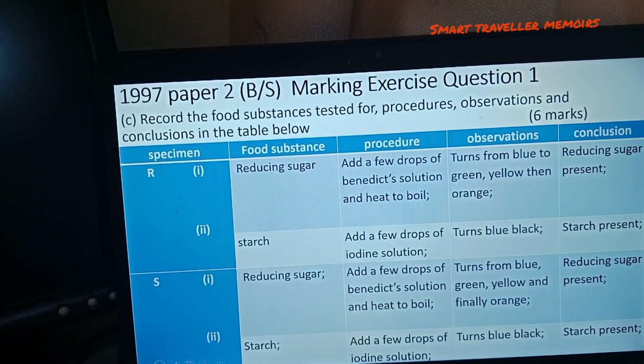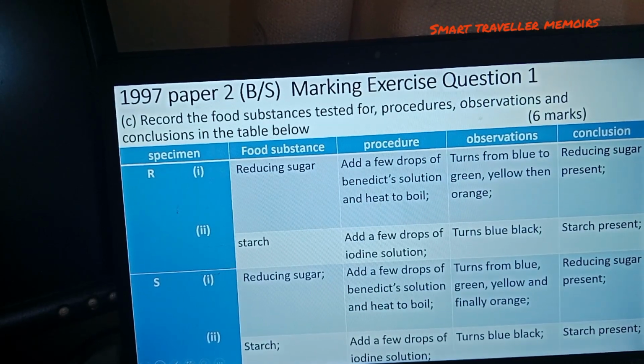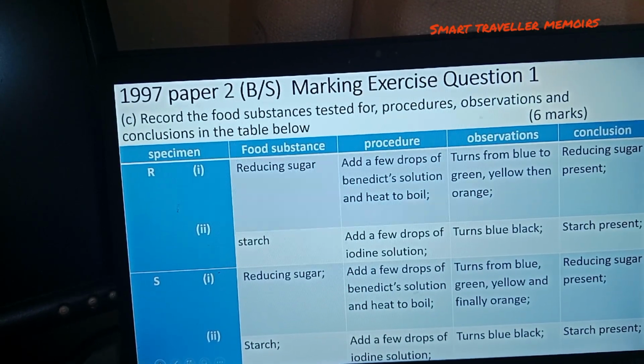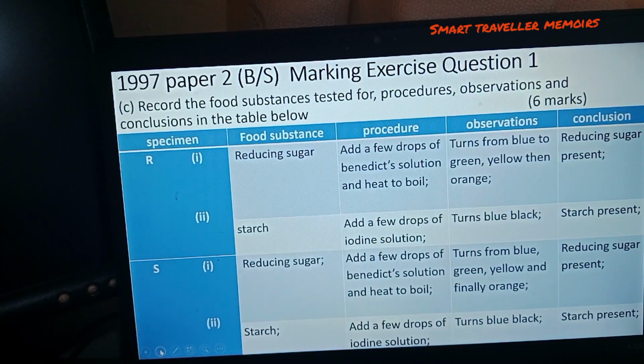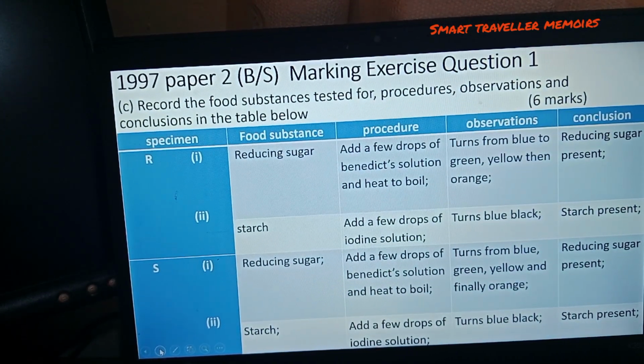Recording the food substances tested for, procedure, observations, and conclusion in the table below is where we are now. So, we have specimen R, part 1. The food substance is reducing sugar.